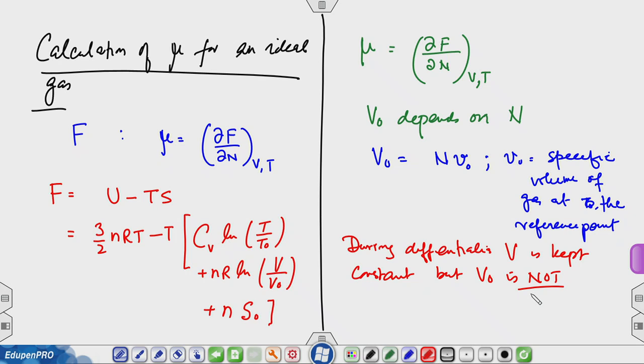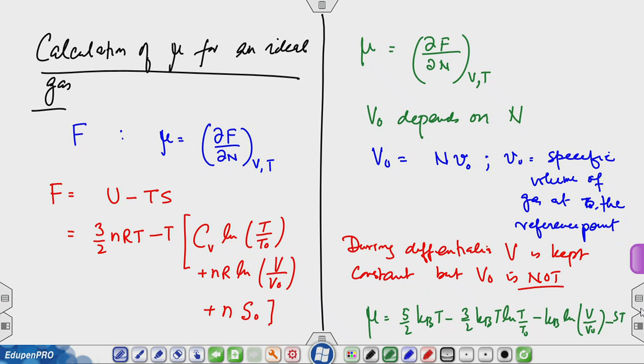And then you do the differentiation and you get mu equals 5/2 kBT minus 3/2 kBT log(T/T0) minus kB log(V/V0) minus ST, and then some terms.